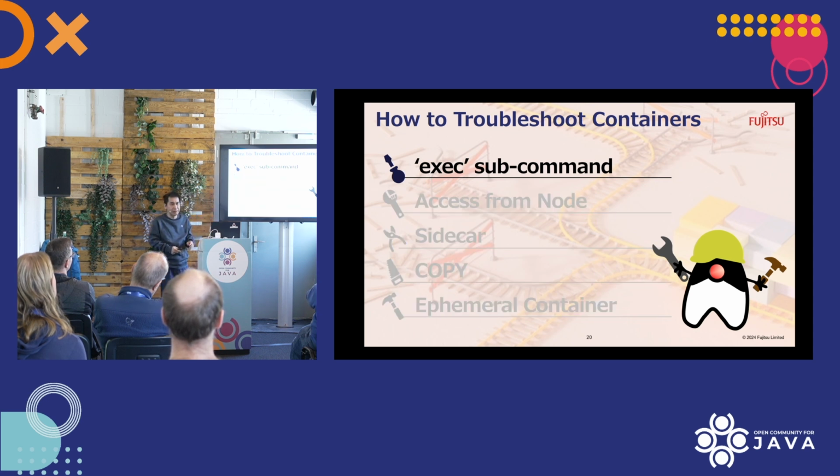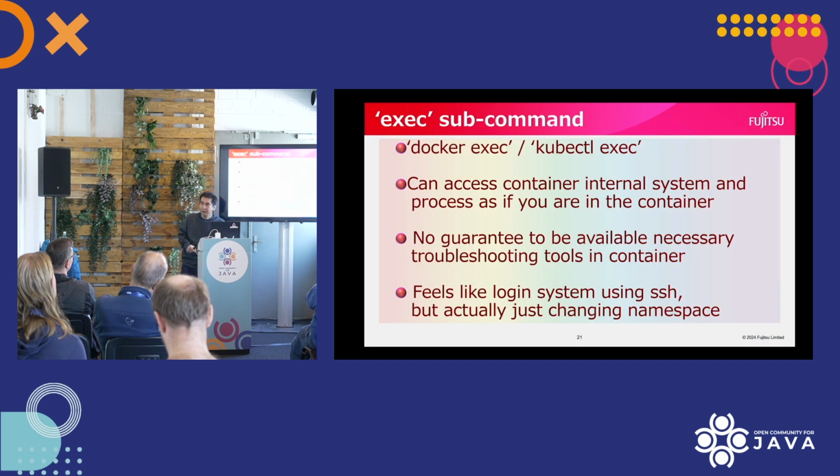The first one is the exec subcommand, but actually it is not useful with smaller size image, but it's a starting line. Exec subcommand means the docker exec command or kubectl exec command. By using these commands, you can access the internal system and the process in the container as if you are in the container.